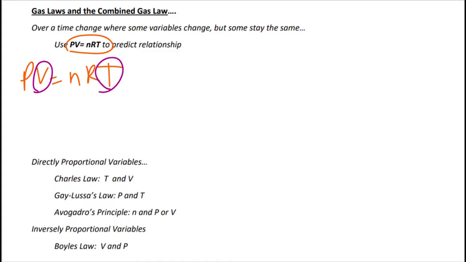And so, as we just saw, when temperature decreased, volume decreased, and I'm going to put that over here. When temperature decreased, volume decreased, and when temperature increased, volume increased. And because of this, they have a direct relationship. Also, notice that they are on opposite sides of the equal sign. So we can say that volume is directly proportional to temperature.